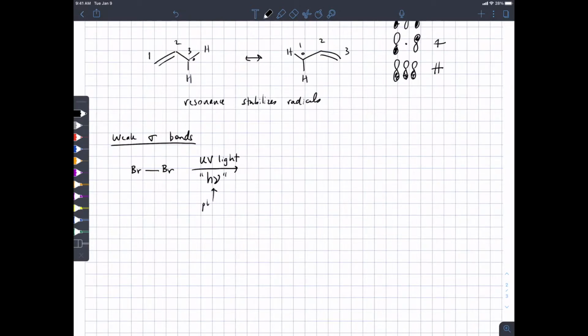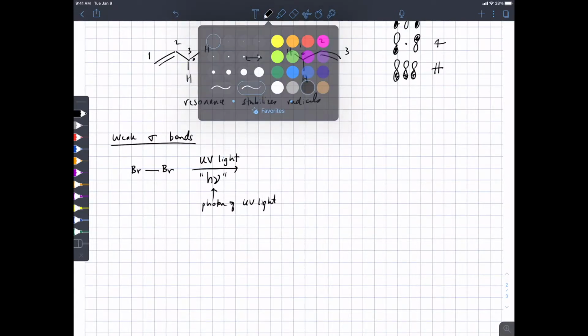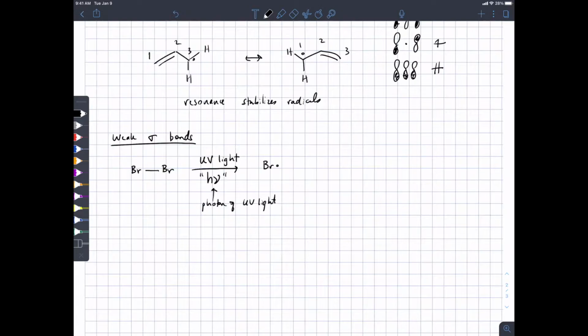So this represents a photon of UV light, and we'll follow that convention. I don't mind if you replace the Greek letter with just the letter v, and that's fine with me. What this does is break the sigma bond between the two bromines, and you get two bromine radicals. All right?